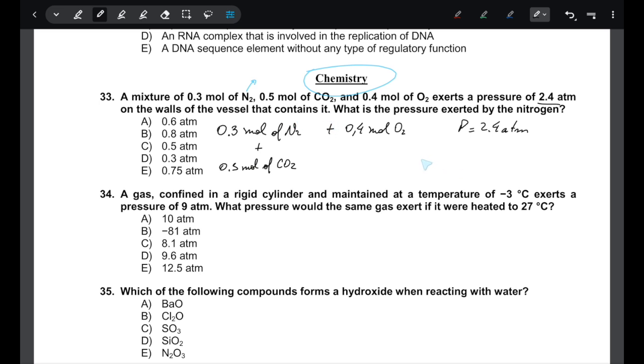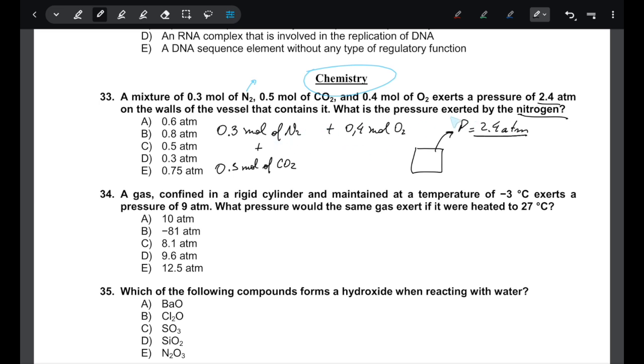He didn't specify which vessel it is, so I'm going to draw a generic one. So this vessel has a pressure of 2.4. He's asking, what is the pressure exerted by the nitrogen? 2.4 is the total pressure, and we're going to have 3 different molecules here inside this vessel.